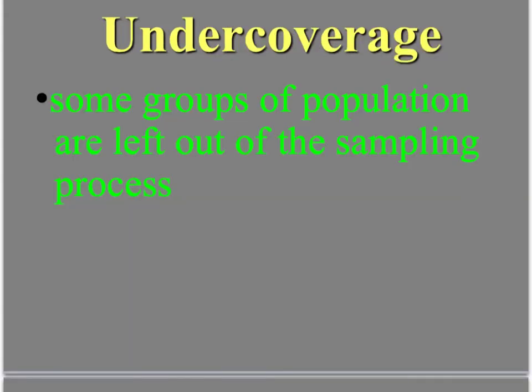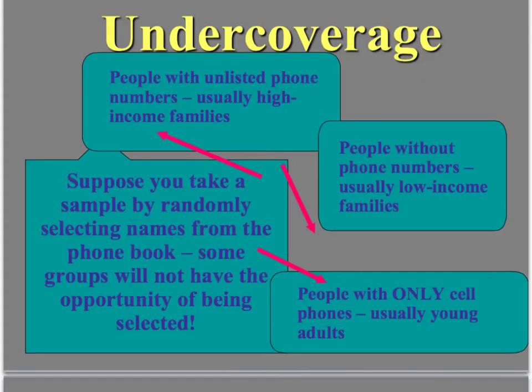Our next type of bias, or source of bias, is undercoverage, and that's when some groups of the population are left out of the sampling process. So, for example, suppose you were doing a survey by randomly selecting names from a phone book. Everybody is not going to be represented from the entire population.